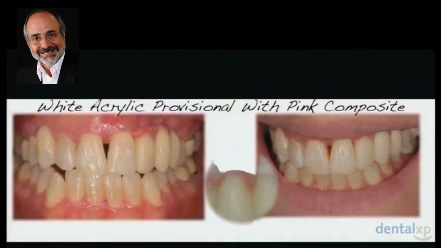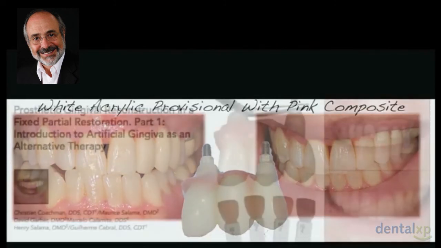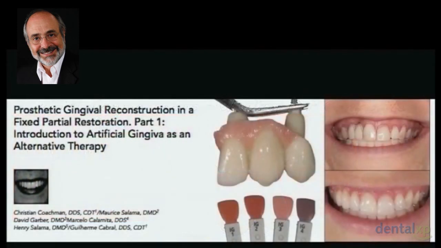And this is what it looks like tried in. 3-unit, white and pink acrylic basically, screw retained. And this is how she looks, kind of simulating that side. Now we're going to look at it in a more permanent, durable material.